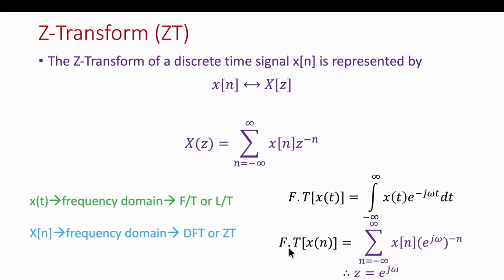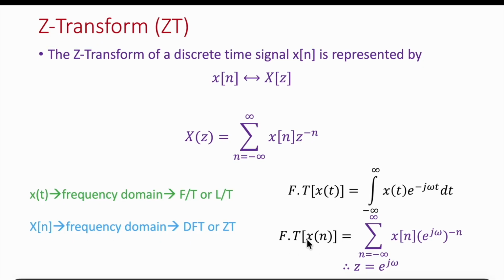And similarly, for the discrete time signal, we can write the Fourier transform by replacing the integral with the summation sign, where n varies from minus infinity to infinity of x of n e raised to power j omega, whole power minus n. Here in place of z, you can write e raised to power j omega.